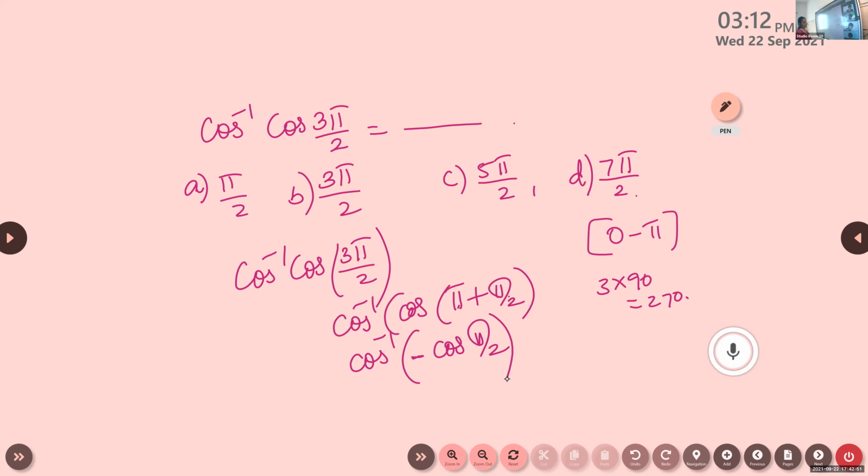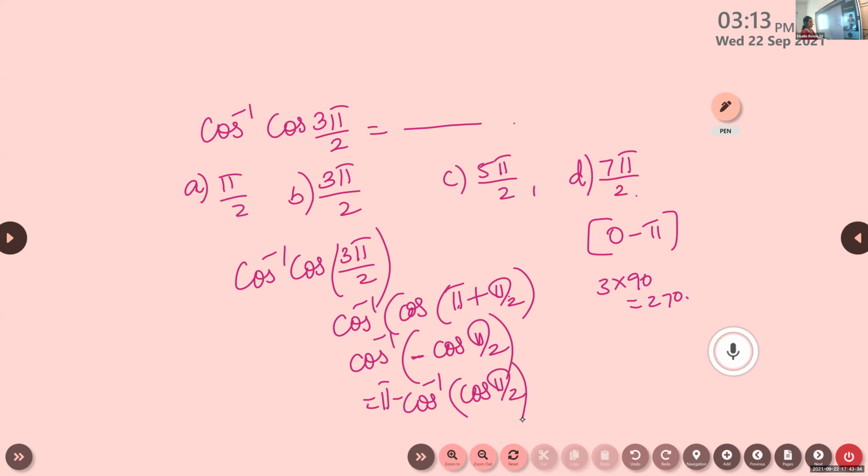Then what is cos inverse of minus x? What is the formula, Gauri?